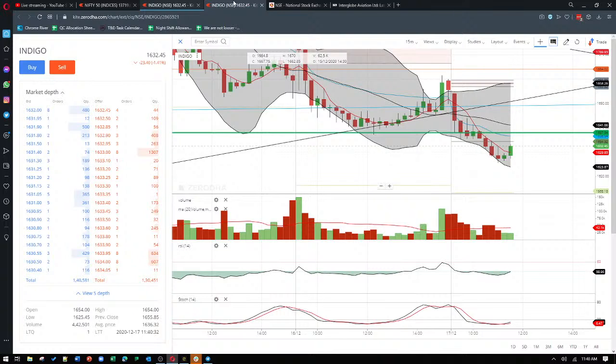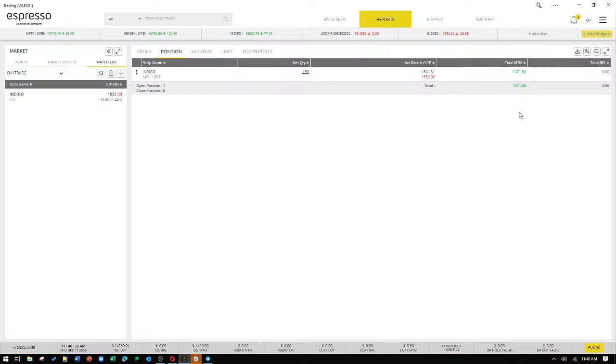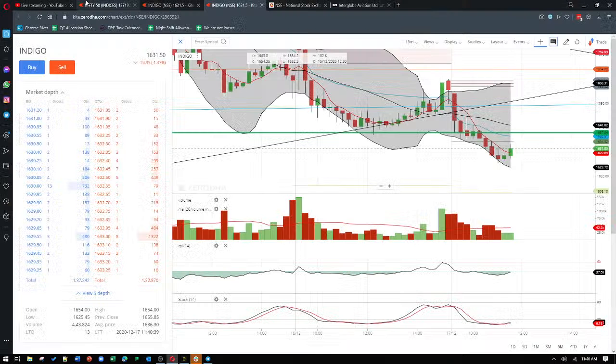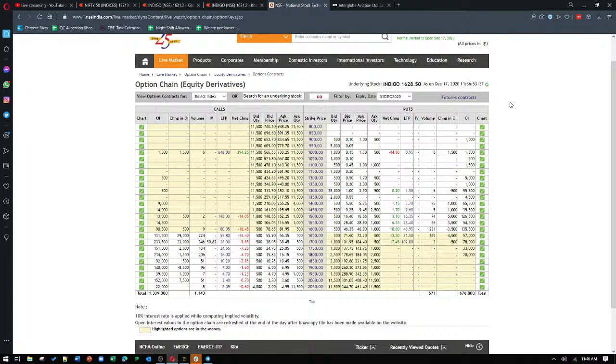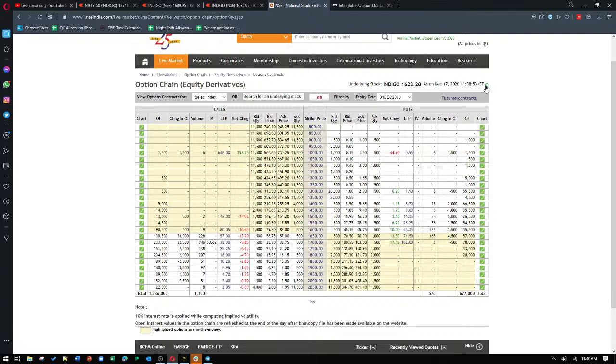So with this, my profit reduced almost 700 rupees. Now let us see, is there any change? Let us focus on the buy side. Buy side, it is still weak only.